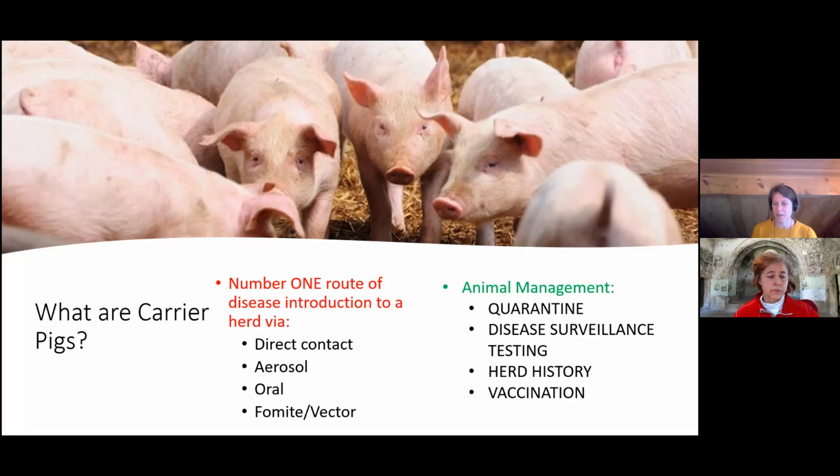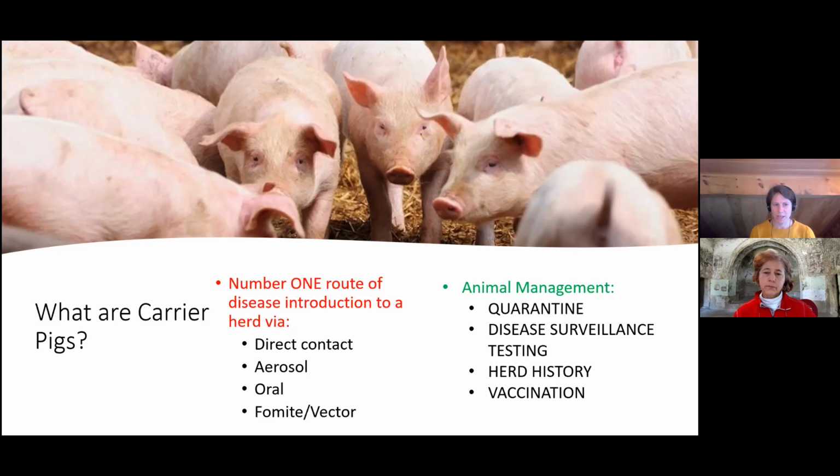Sometimes a pig could look outwardly perfectly happy and healthy, but they've recovered from mycoplasma and are carrying that in their upper airway, and that's the way they could introduce it to your herd. So these carrier pigs are the number one route of disease introduction to a herd. And this can really happen by any of the transmission methods that we talked about in part 1. That could be direct contact, aerosol transmission, oral exposure, or fomite or vector transmission.